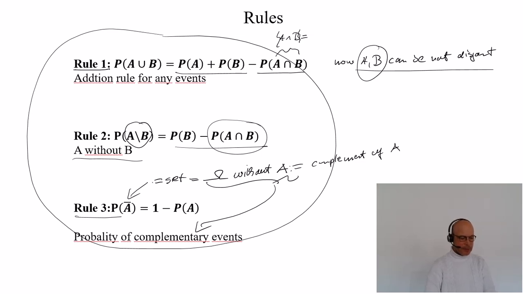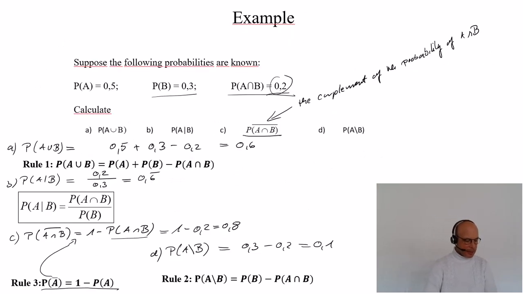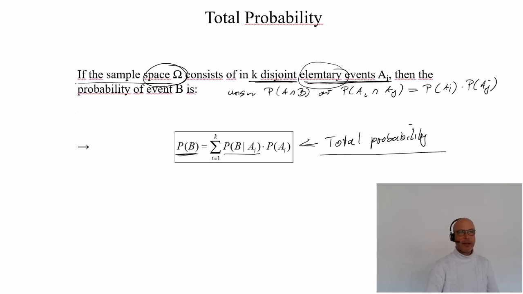From this we have deduced some rules and the so-called conditional probability, and here we had last Tuesday some examples, and having calculated the total probability, as if we have our elementary events, we can calculate the overall probability of an event B as the sum of the conditional probabilities of B given that A_i has already happened times the probability of A_i. This is then deduced from Bayes' theorem.